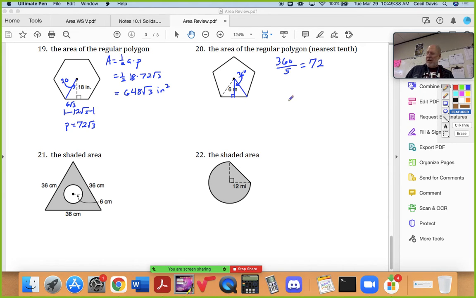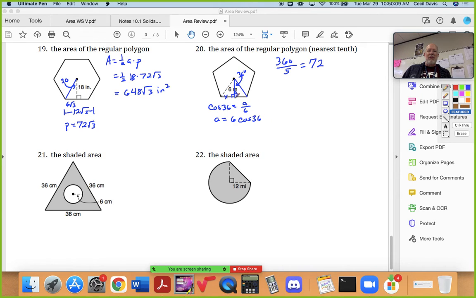Now, in this one, there's a lot of work to be done because you have to find both the apothem and the perimeter. To find the apothem, I've got the adjacent and the hypotenuse, so that's cosine. So cosine of 36 is a over 6, so the apothem is 6 cosine 36.